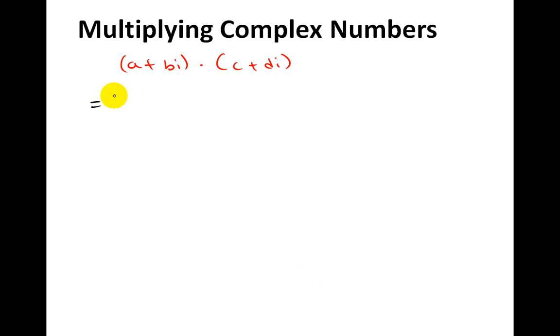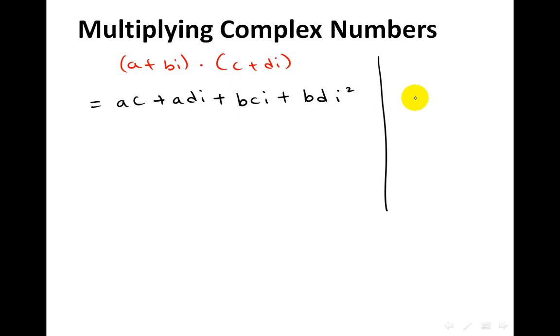So here you'll open the brackets, you'll do this kind of multiplication opening the bracket. So a times c, ac, a times di plus adi here, plus b times ci plus b times d, and you have two i's, so it will be i squared.